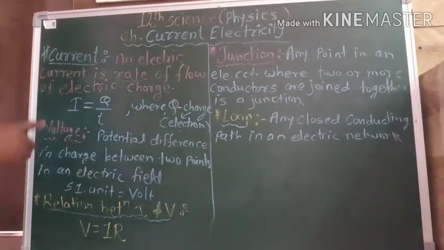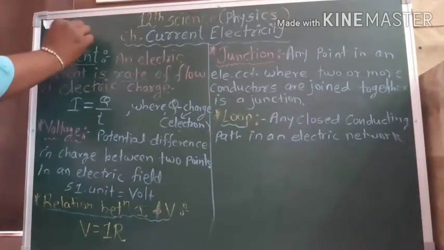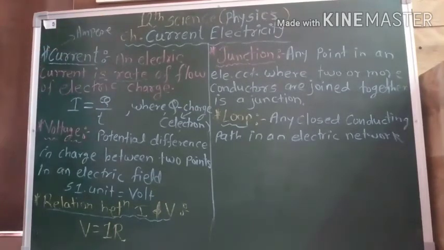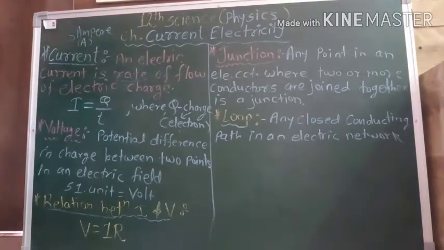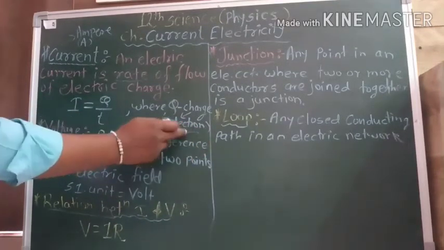Then we know that the SI unit of current is ampere, denoted by capital A. The next point is that in the definition of current, mainly electrons flow.